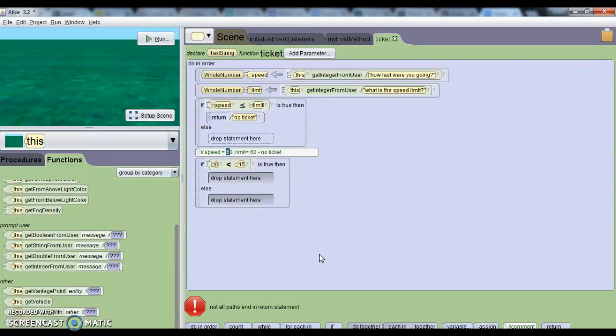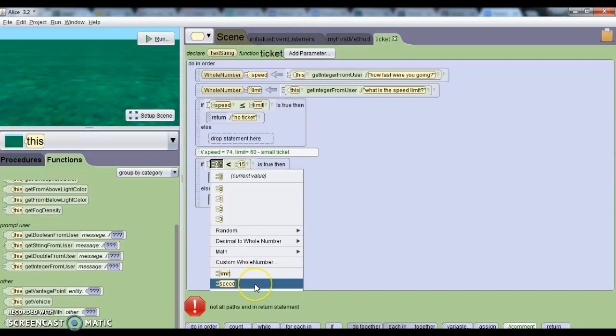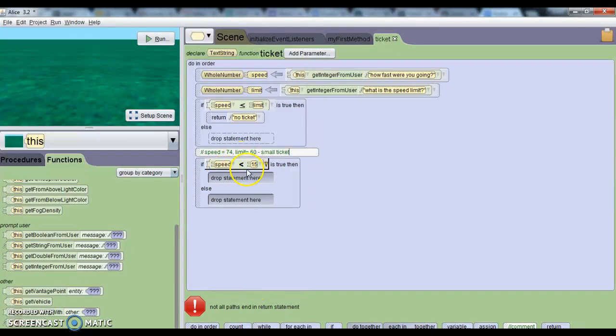If I was going 74 and my limit is 60, I should get a small ticket. But if I put my speed, right, my speed's less than 15, well, no, right? 74 is a whole lot faster than 15 miles per hour. So we're going to have to figure out how speed and limit relate.